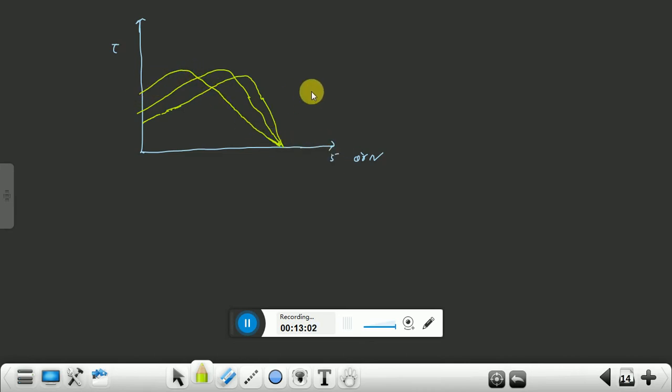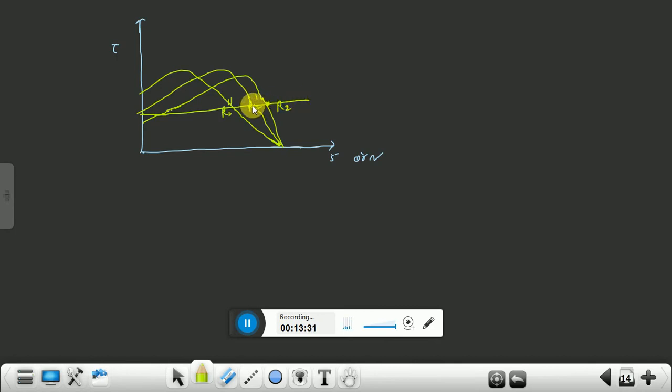Okay, so in this torque slip characteristic, make the rotor resistance R2. This is R2 dash and this is R2 double dash. Suppose this is your constant torque line.